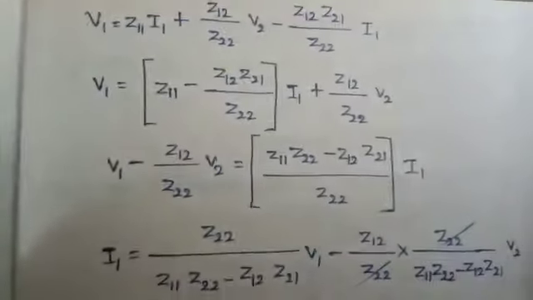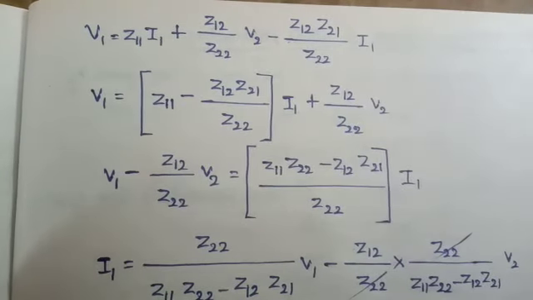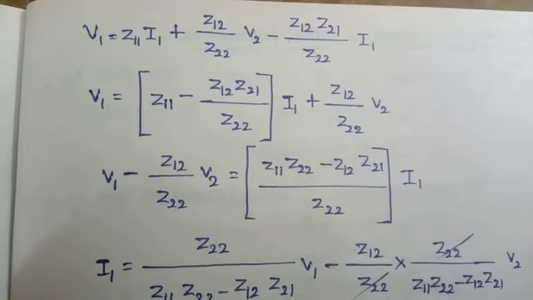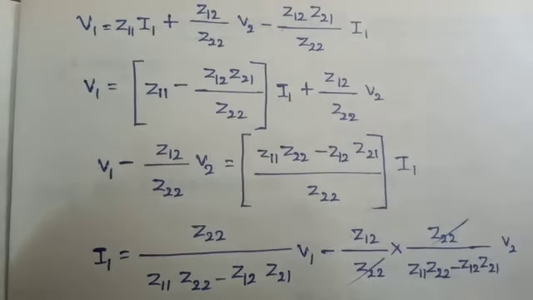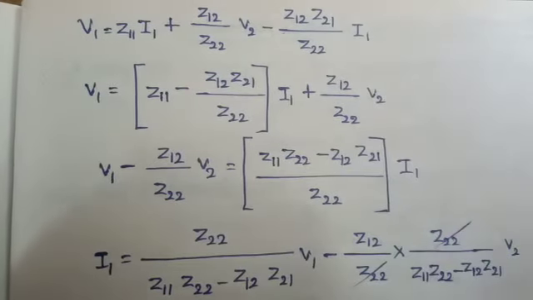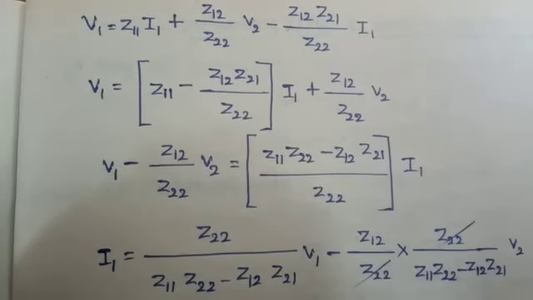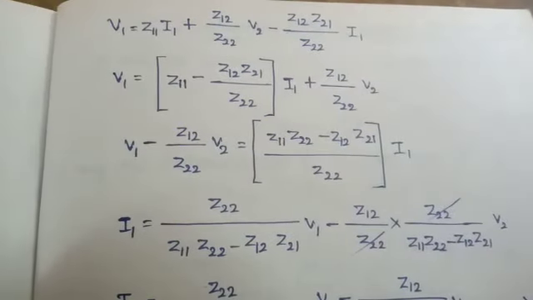So we can expand this one, and we are getting the I1 value, because z parameters are in currents expressed in terms of voltages. That's why I1 in terms of v1 v2, that is I1 equal to z22 by delta z v1 minus z12 by delta z v2, termed as equation 6.